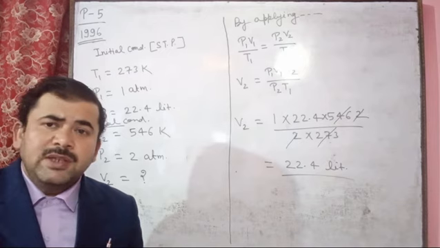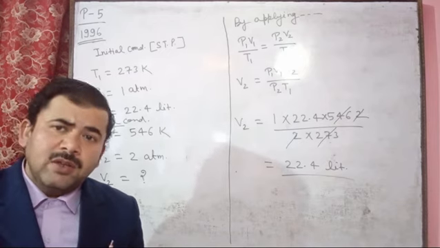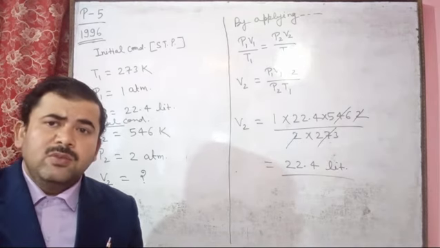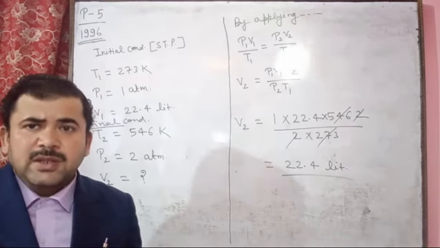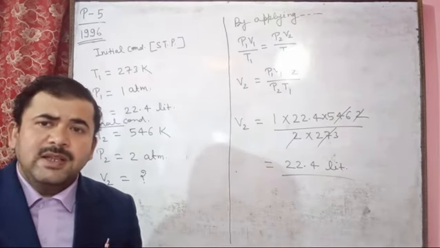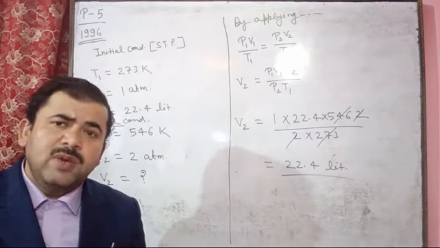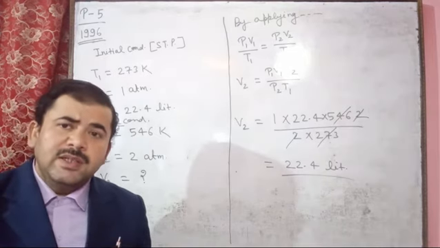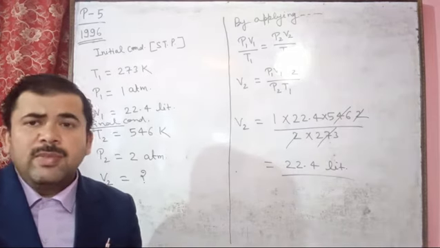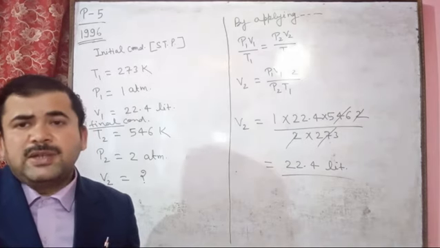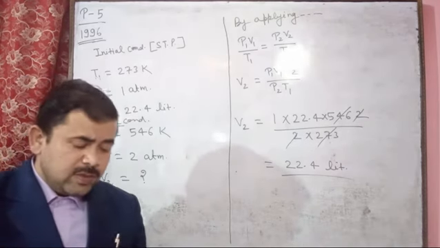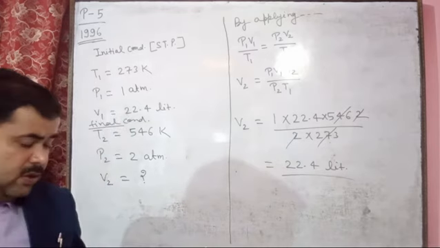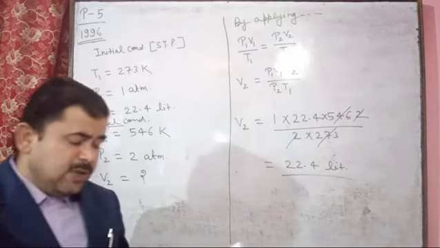Volume depends on the temperature and pressure. If there is any change in the temperature or pressure, then the volume also will change. This is the reason for referring to the volume, we take the standard temperature and pressure. So this is not possible.